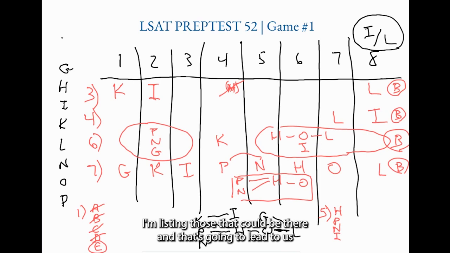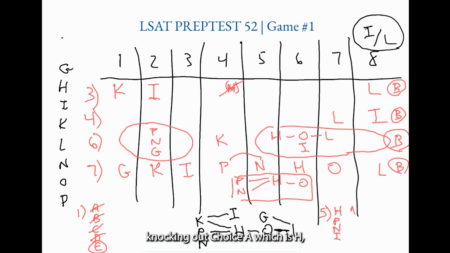I'm listing those that could be there, and that's going to lead to us knocking out choice A, which is H, choice B, which is I, and choice D, which is N. It only leaves choices C and E.